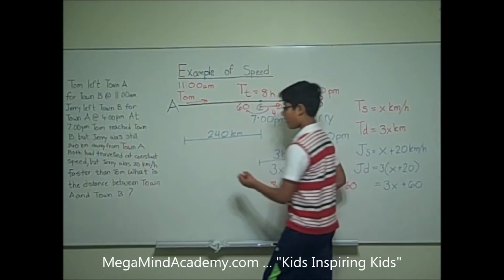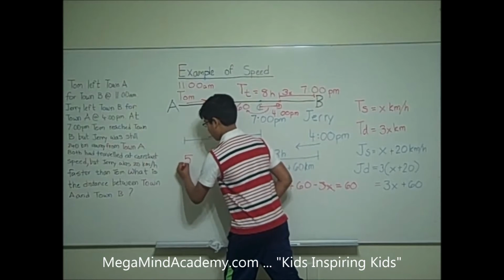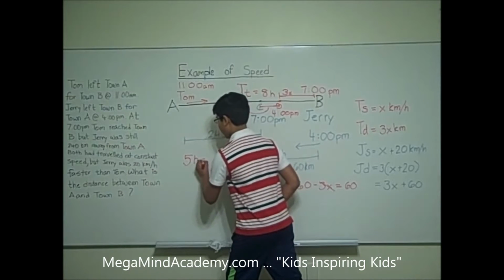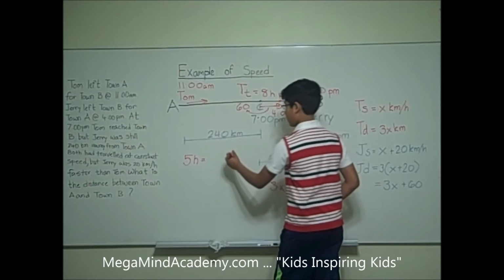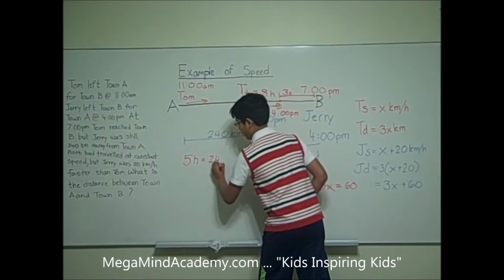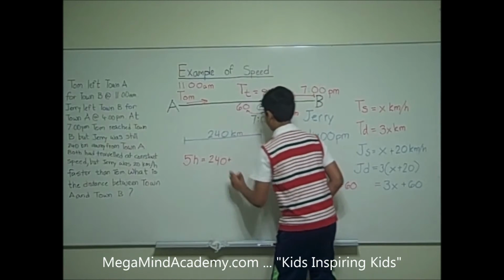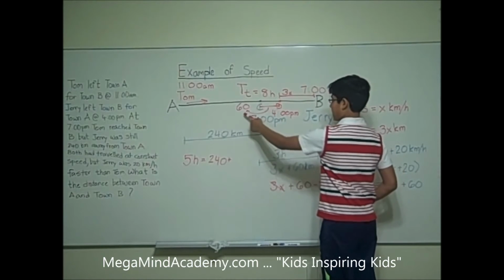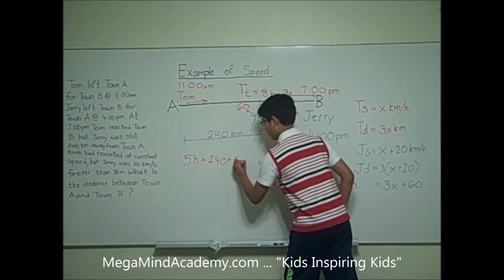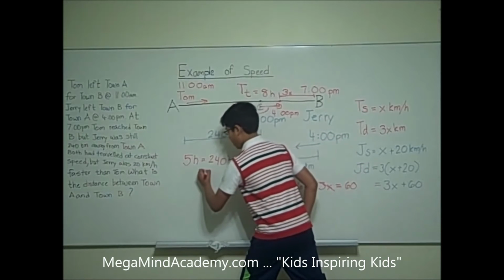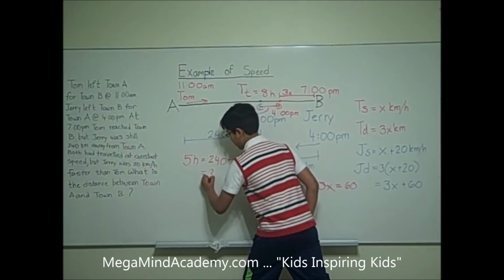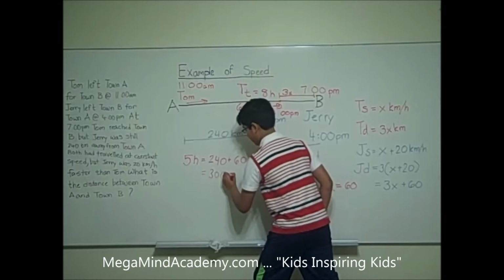So Tom takes 5 hours to travel 240 plus 60 kilometers, which is equal to 300 kilometers.